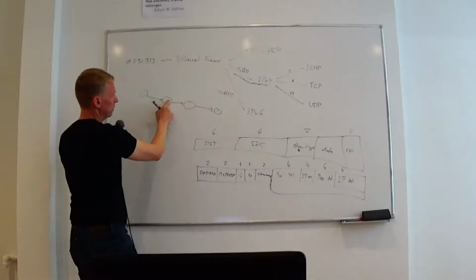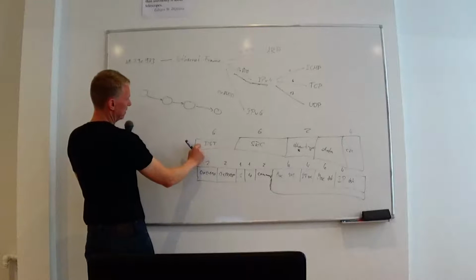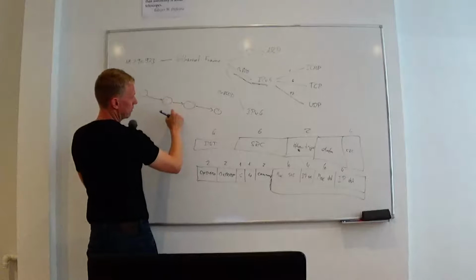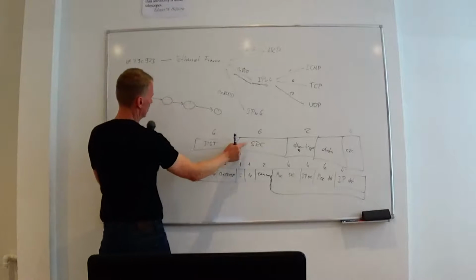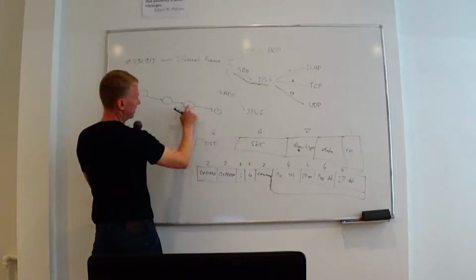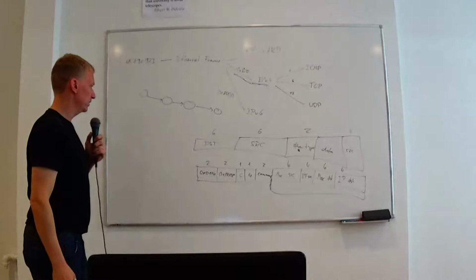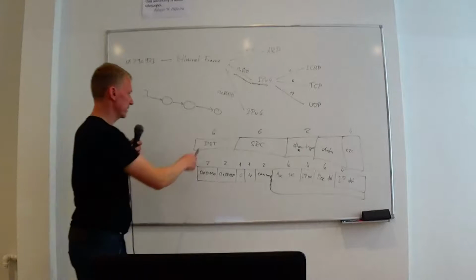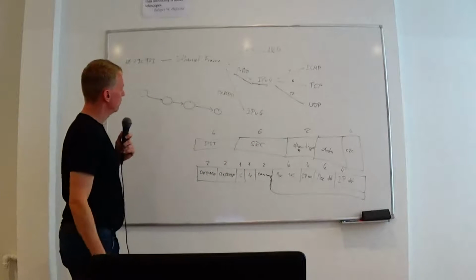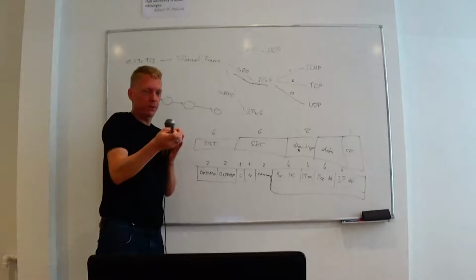And then when he communicates with him, then this destination will be his MAC address, and the source the MAC address from him, and when he talks to him, then the source is his MAC address and the destination is his MAC address. Okay? So this is really the absolute low level for the communication between one machine and the next machine through maybe one cable.